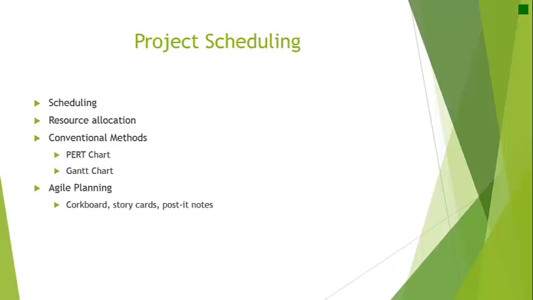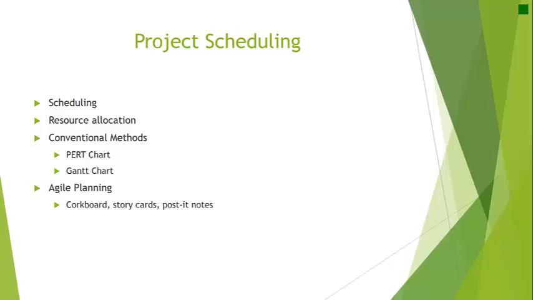In conventional projects, the PERT chart is a useful tool for scheduling project tasks. The Gantt chart is useful for viewing the progression of tasks and allocating resources. Agile planning involves the use of a corkboard and story cards or post-it notes.